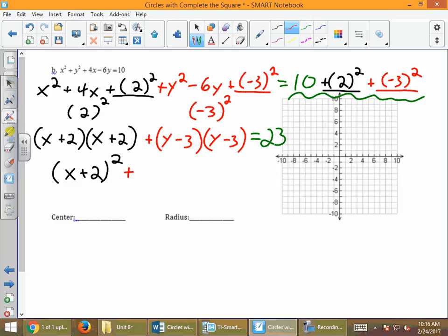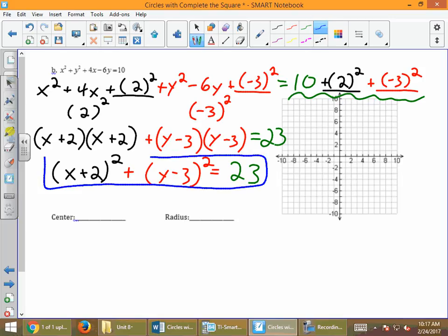I had 2 sets of parentheses. Let's combine them to 1, square it, and we still know the right side is 23 because we did 10 plus 2 squared plus negative 3 squared. There's my standard equation. Done. That's it.